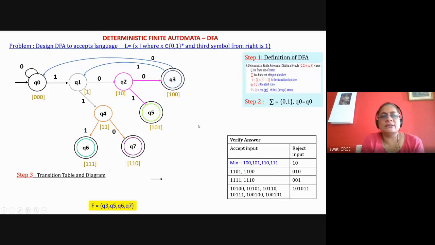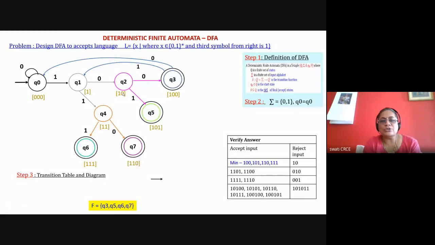So that is correct. Now the next state is Q5. For Q5, if there is any 0, your string will become 1010. You just have to see the last two digits, which are 10, and Q2 is the state which remembers the last two digits 10.